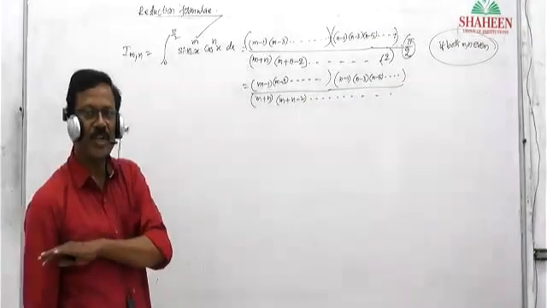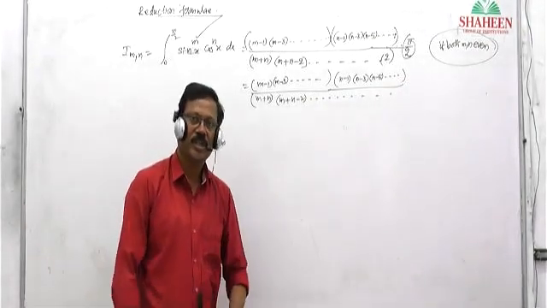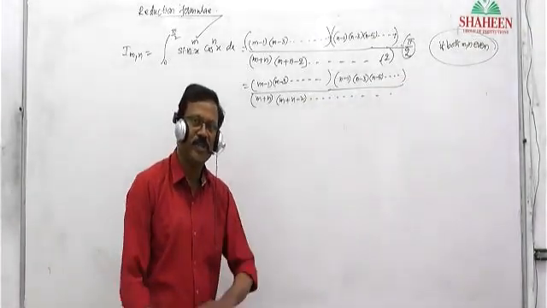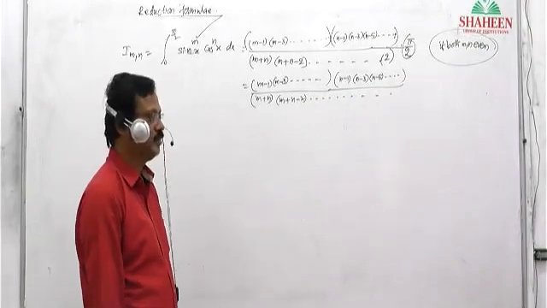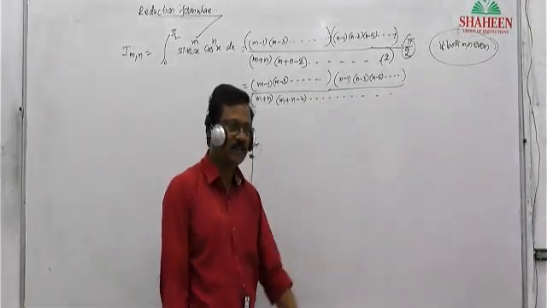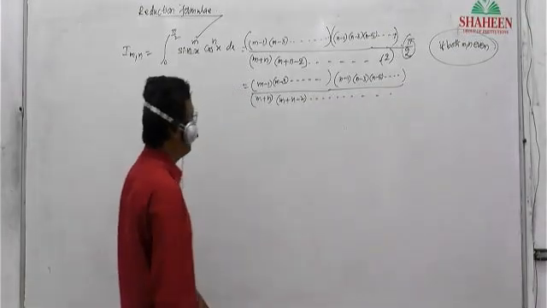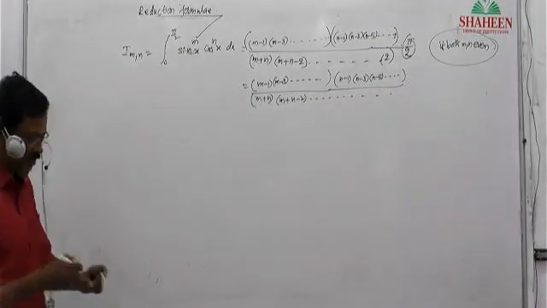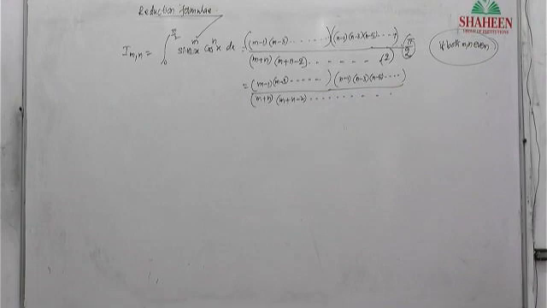Now if the last number is not 1 by 2, then don't write pi by 2, like in the sine power n and cos power n. Okay. Now let us see the problem on this. Copy all of you. First note down the sine power m cos power n reduction.